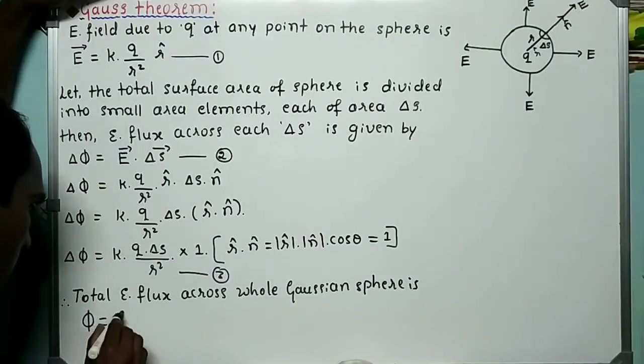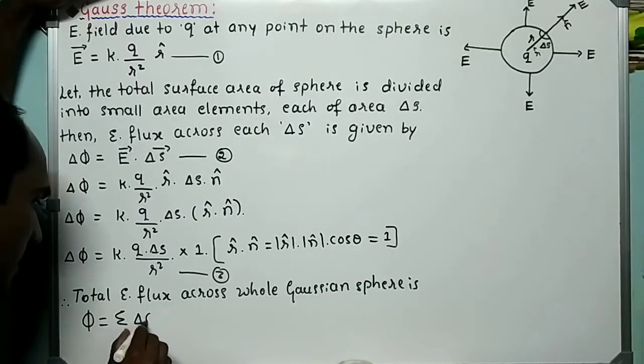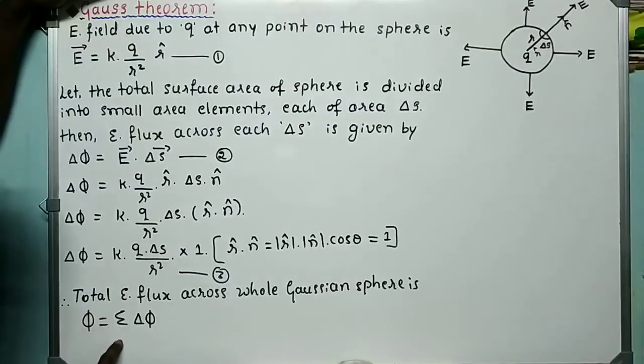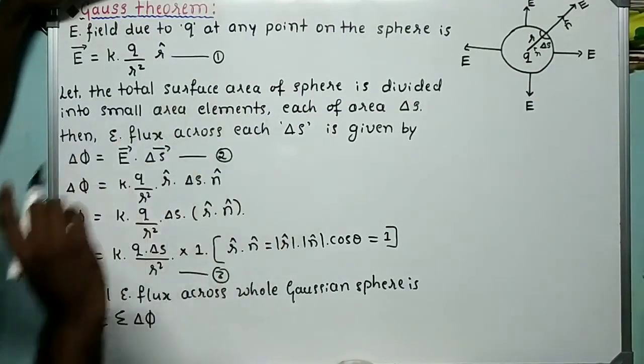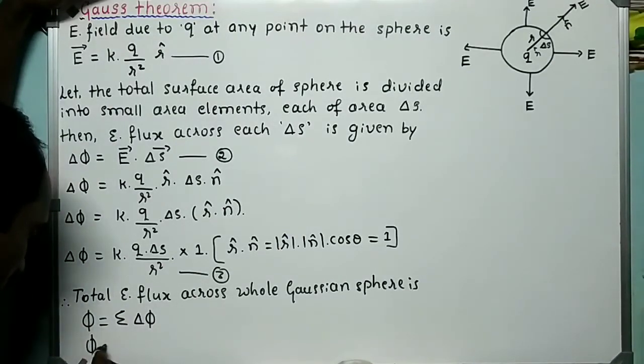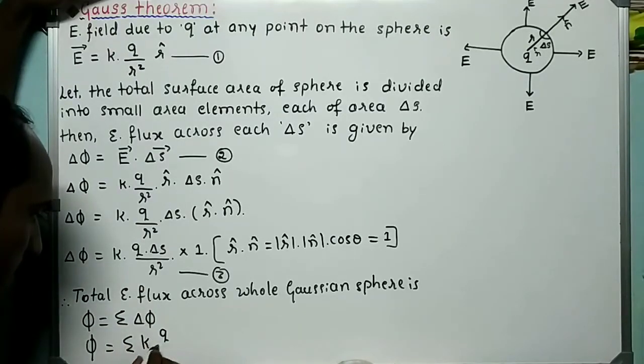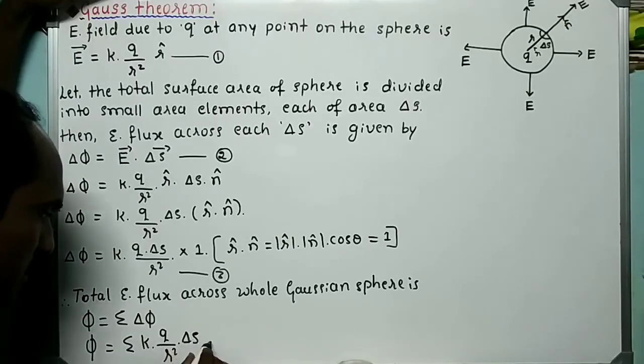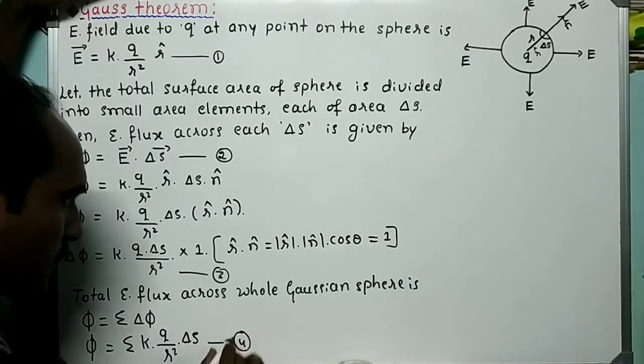Flux is equal to summation of delta phi, that is summation of electric flux across each area element. Now flux is equal to summation of delta phi, which is K into Q by R square into delta S. Call it equation 4.